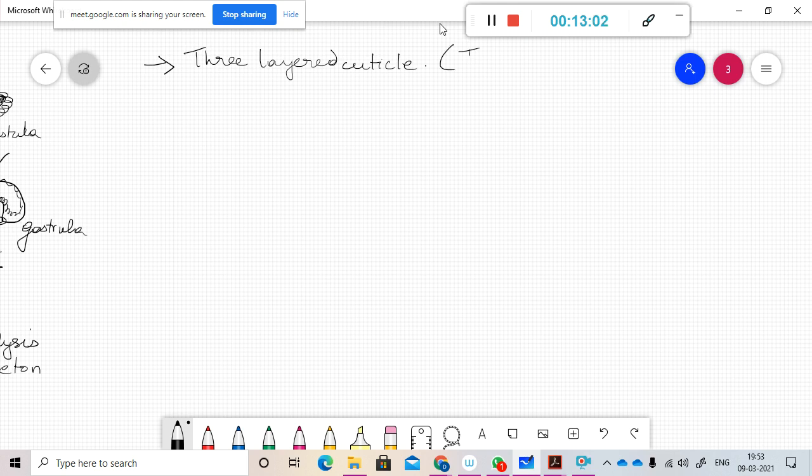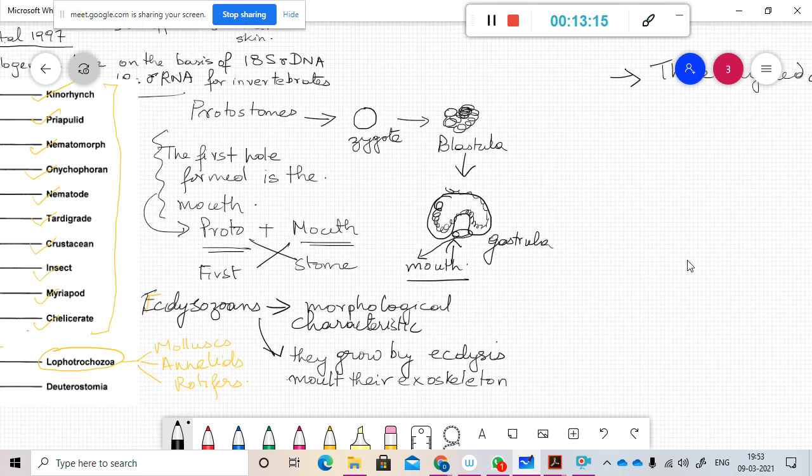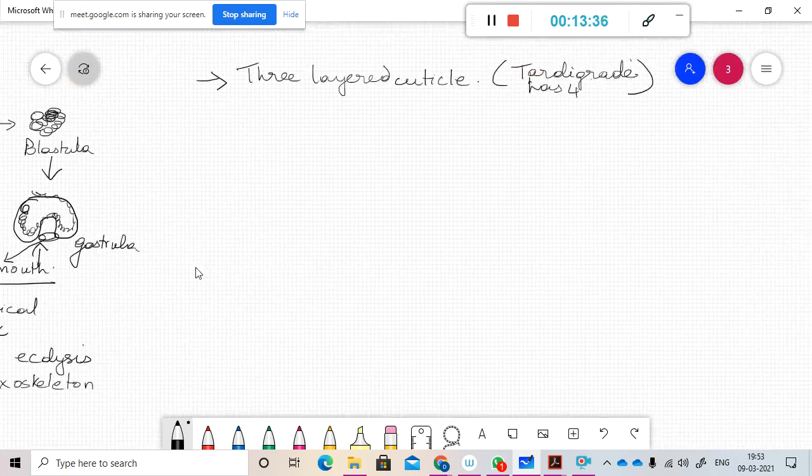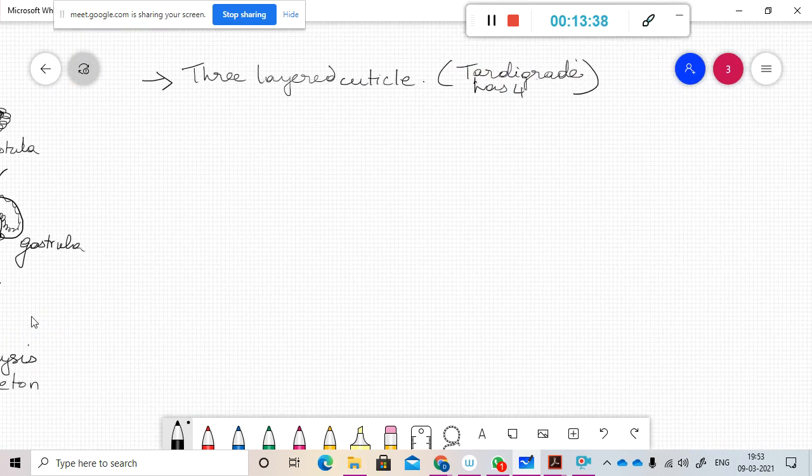Only tardigrades have 4 layers. So what are the groups which we had seen? The priapulids, the nematomorphs, the onychophorans, the nematodes, the tardigrades, the crustaceans, the insects, the myriapods, and the chelicerates. So they are the ecdysozoans.